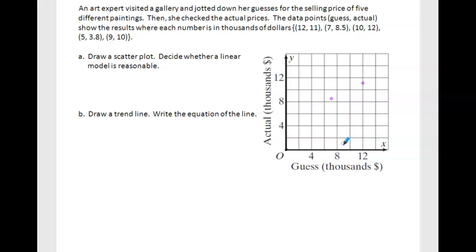She guessed it was 10,000, and it turned out to be 12. She guessed it was 5, and it turned out to be 3.8. And she guessed it to be 9, and it turned out to be 10.